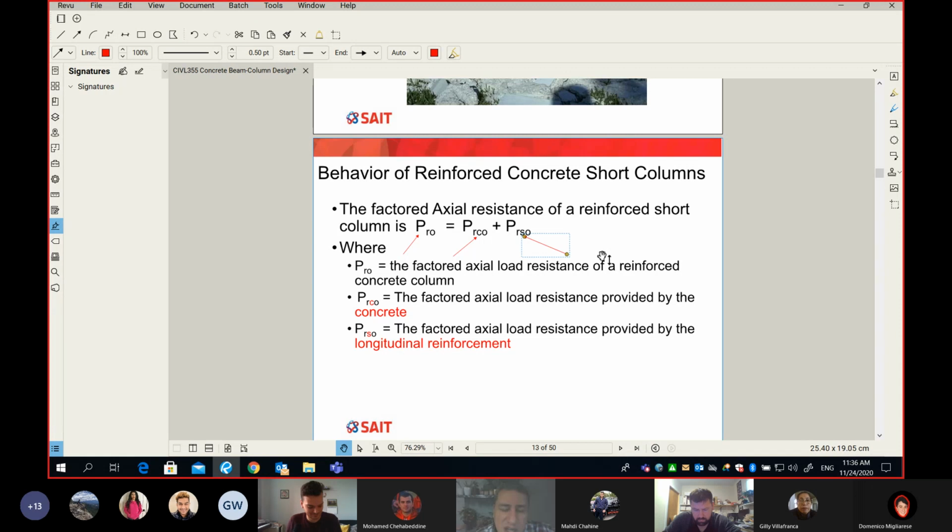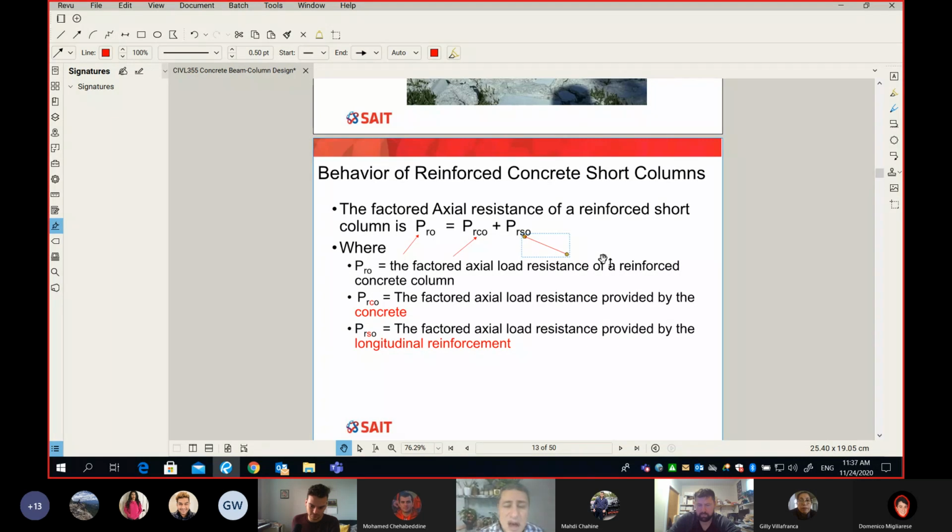And remember, ties have no business here. Why do they have no business? Because they are oriented perpendicular to the load application, same as the stirrup. So does the stirrup in beams increase the bending capacity? It doesn't. The stirrup does not affect the bending capacity of the beam.